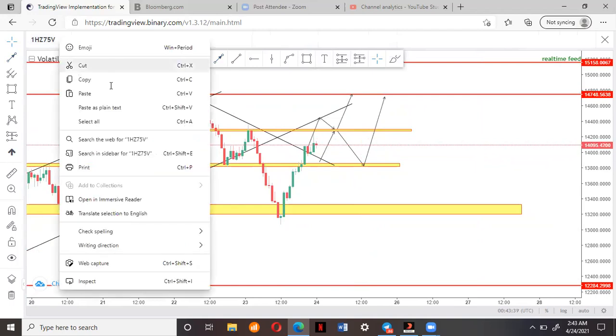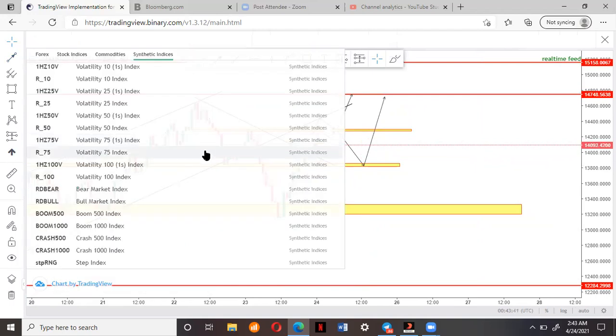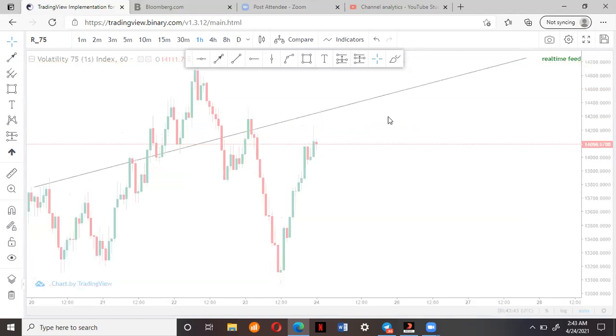You can also check the Volatility 75 Index, which I haven't done in the longest time.